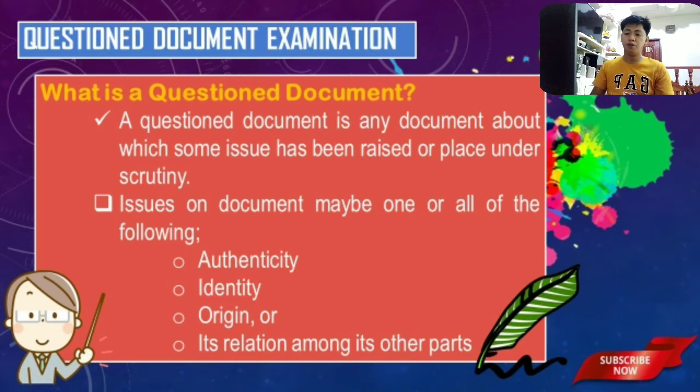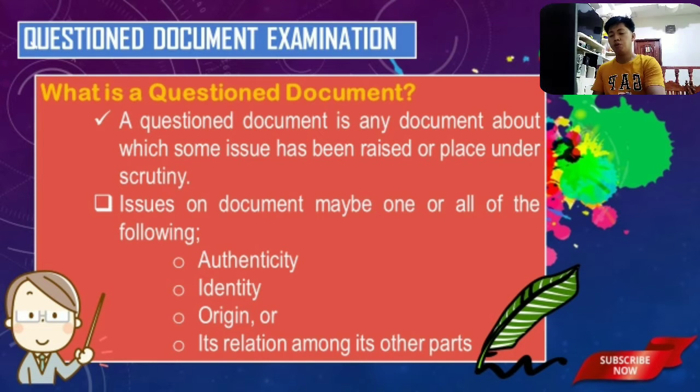Ngayon, we need to examine the relation between the amount written in numbers and the amount written in words. And let's look, alin dito yung binago. Is it the numbers or is it the letters? But definitely, that is already considered as a question document because it is being questioned now based on the relation of the content to the other part of the document.